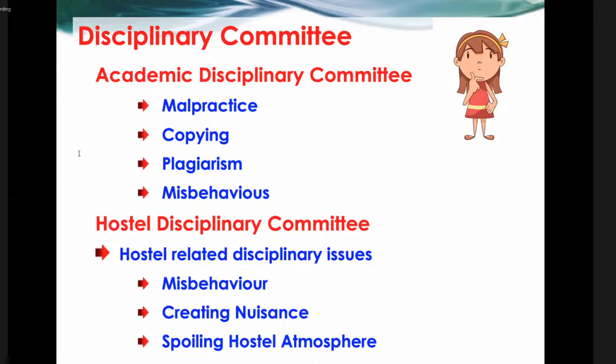This is to create a healthy culture, so that nobody will be getting hurt or humiliated. So we are going to ensure each and every part of your stay in the hostels has a pleasant atmosphere. So anybody creating nuisance or spoiling the hostel atmosphere will be taken to the hostel disciplinary committee, and an appropriate action will be taken.